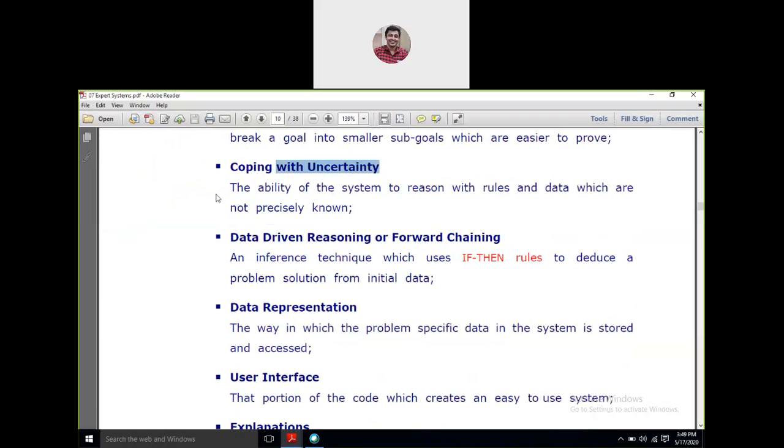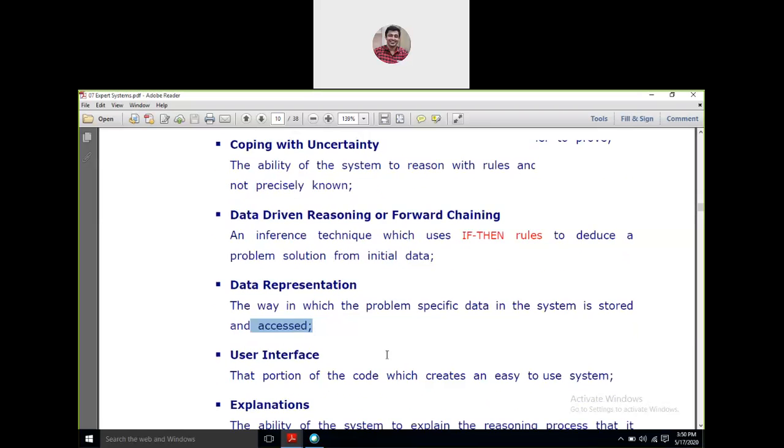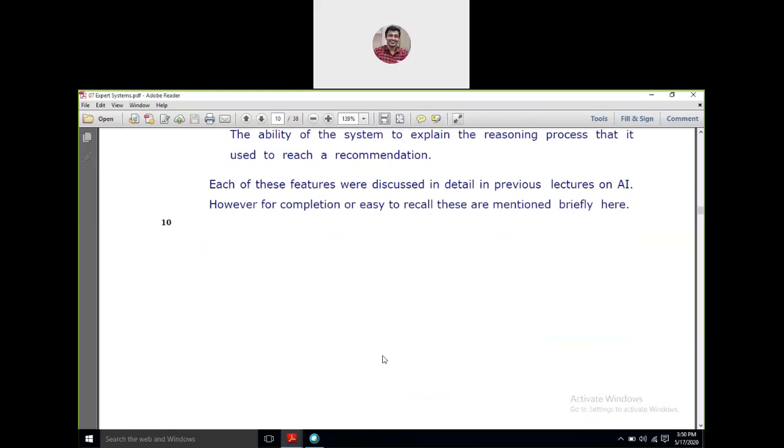Coping with uncertainty gives the system the ability to reason with rules and data for information that is not precisely provided. Data representation is the way in which the problem-specific data in the system is stored and accessed.